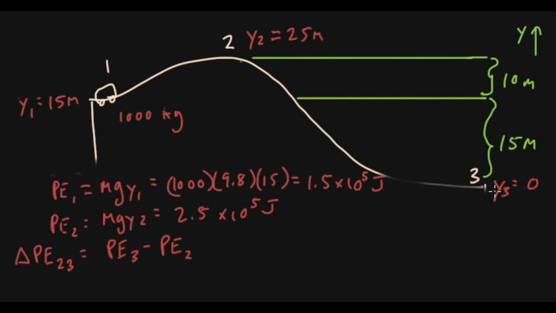So if we go back down to height 0, you can imagine we're losing all of that potential energy. So of course, this value is 0 because we're at our reference point, and this is just 2.5 times 10 to the 5 joules. So we just lose all the potential energy that we started with.